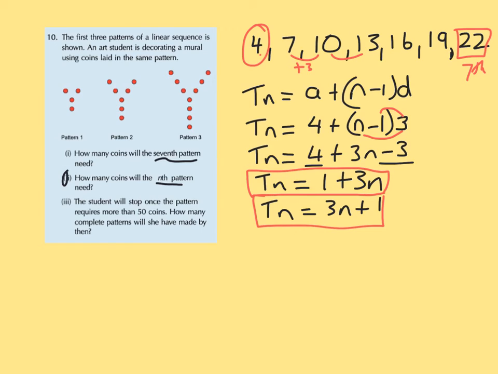So you can see that we already have 4 plus 7 plus 10 plus 13 plus 16 plus 19. So if we just check those in our calculator, 4 plus 7 plus 10, that's 21, plus 13 will give me 34, plus 16.